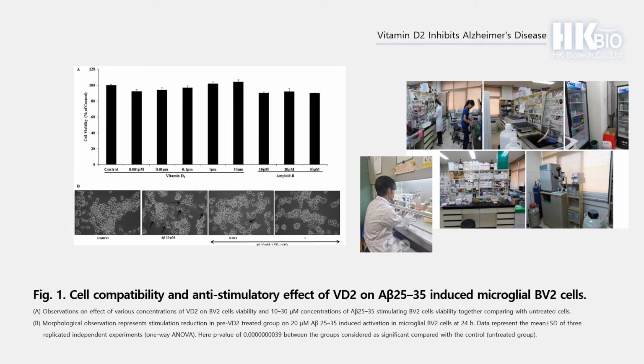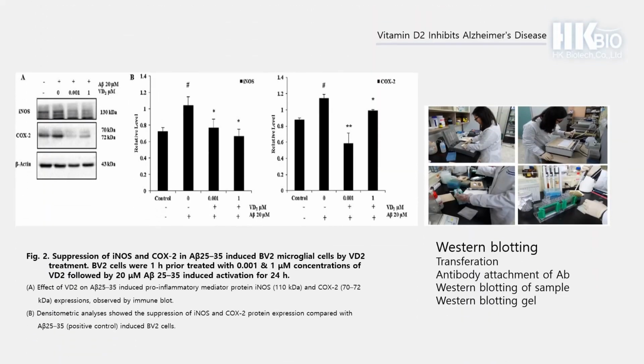For BV2 cells, vitamin D2 was not toxic up to 1 micromole, and A-beta at 20 micromoles. So we use the 1 micromole vitamin D2 and the 20 micromole A-beta concentrations for the following experiments.